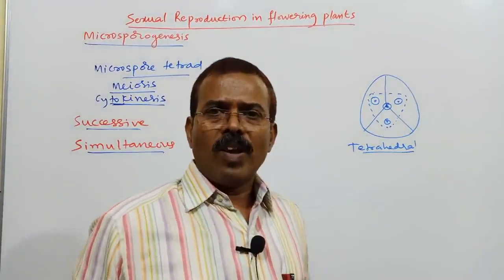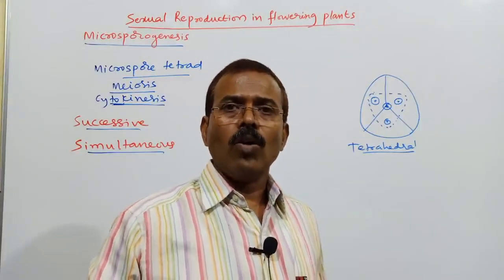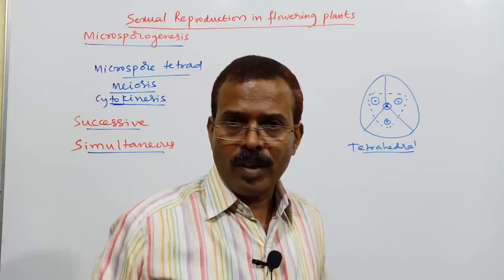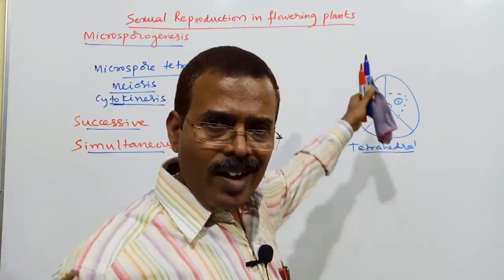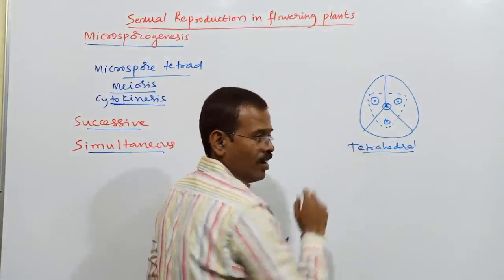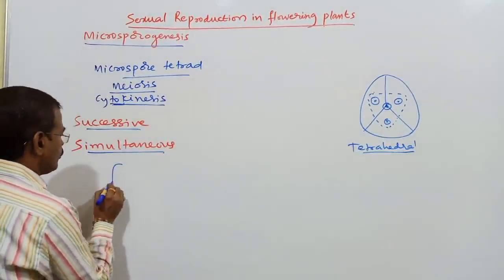One example I will give. In this plant, you have 5 kinds of tetrad formation. That includes isobilateral tetrad and tetrahedral tetrad, in addition to that, 3 more. So this is the tetrahedral, and this is isobilateral, which I have drawn earlier.